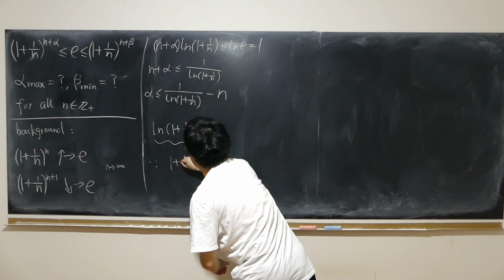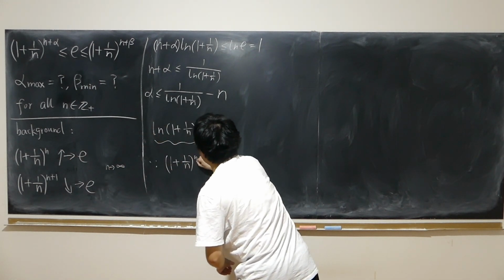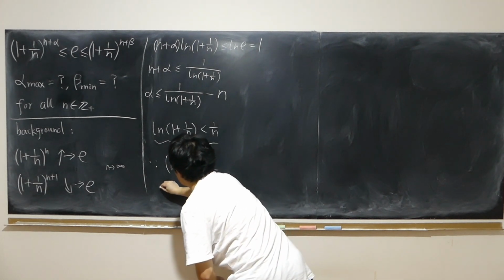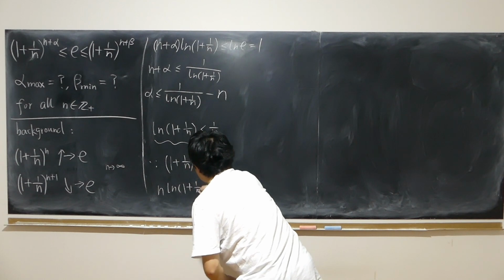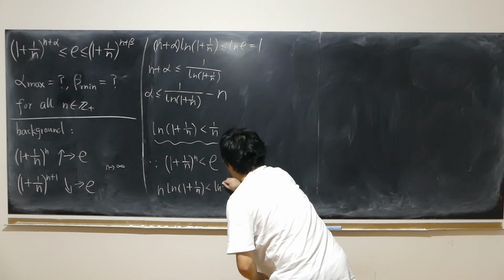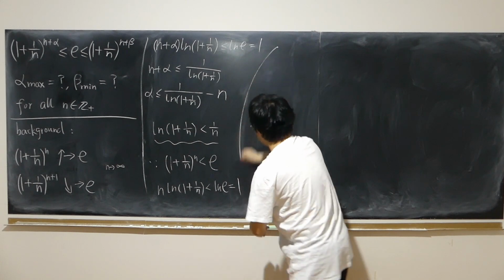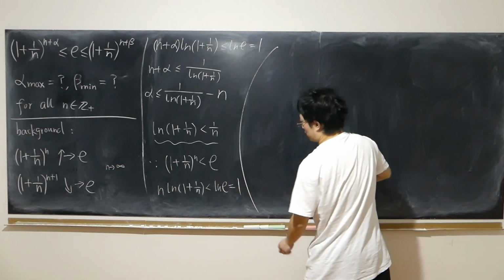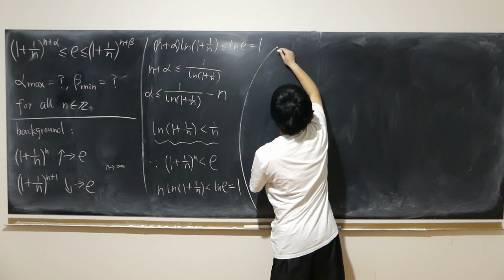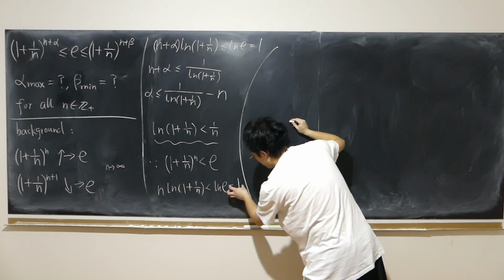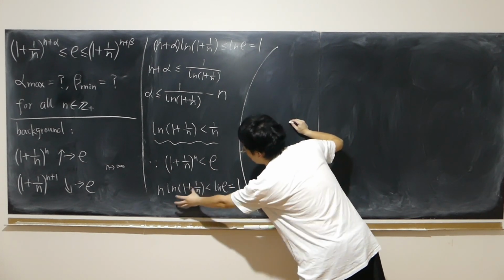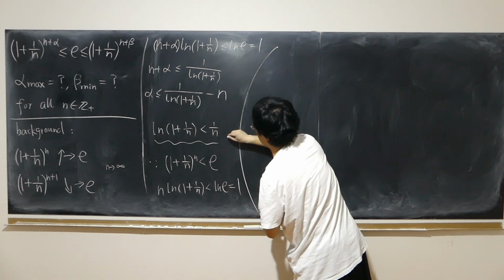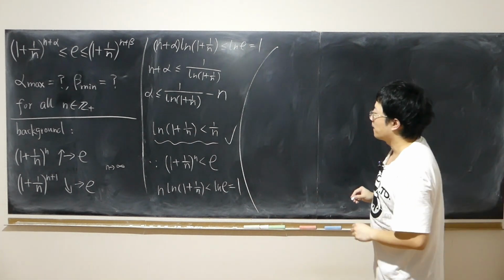So 1 plus 1 over n to the power of n is less than e, which means taking logarithm on both sides, n times log of 1 plus 1 over n is less than log of e. That is 1. Which means dividing by n, log of this part is really less than 1 over n. So my claim is really true.